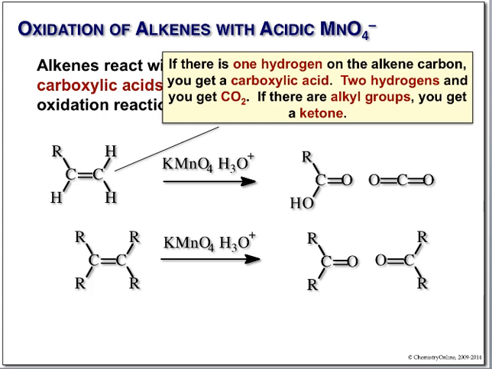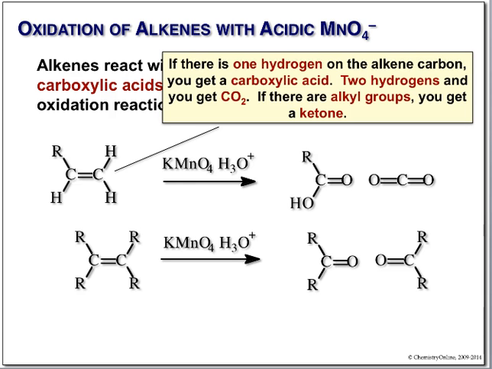If you have hydrogens, this is going to remove the hydrogens and replace them with oxygens. So if you have a CH2 on one end, this carbon winds up as CO2. If you have hydrogen simply attached, it winds up as a carboxylic acid.